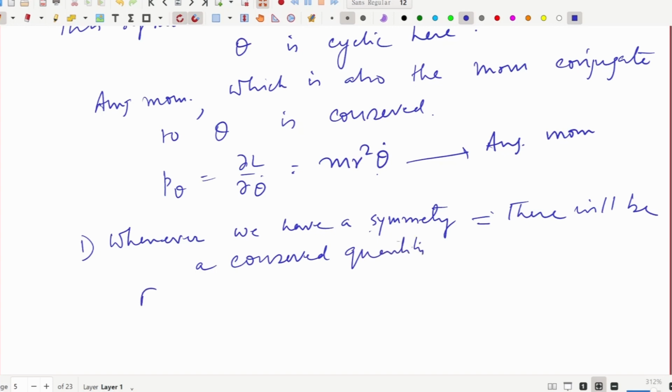And further, this will be related to a cyclic coordinate.